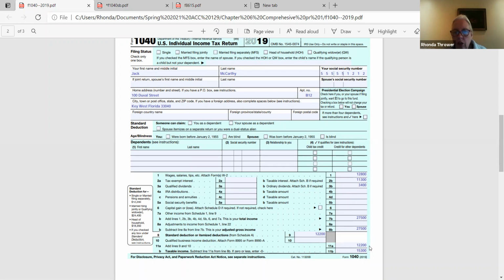And then you're going to find your taxable income by subtracting line 11A from line 8B. So subtract 12,200 from 27,500, and that will give you 15,300, which is your taxable income.